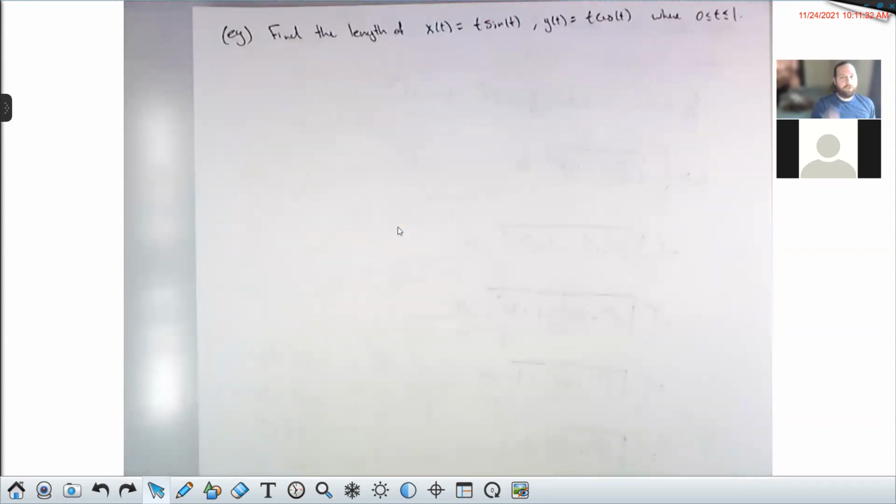All right, so we're going to find the length of the curve x equals t sine t, y equals t cos t, where t runs from 0 to 1. Same stuff, just plug and chug. We're going to use that arc length formula.